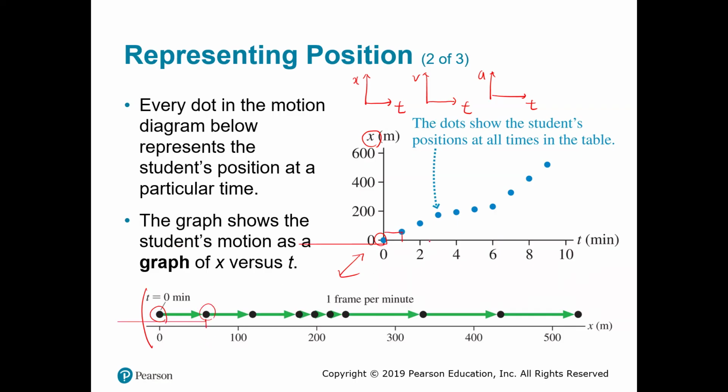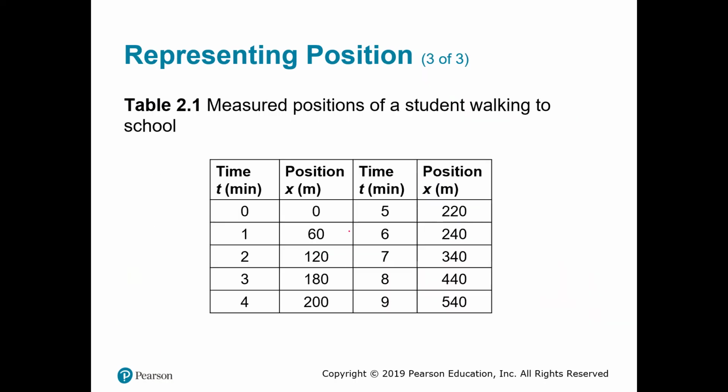When time is 2 minutes, your position is about 100, something like that. This is again the same thing in terms of a table: time, and your position is given here.